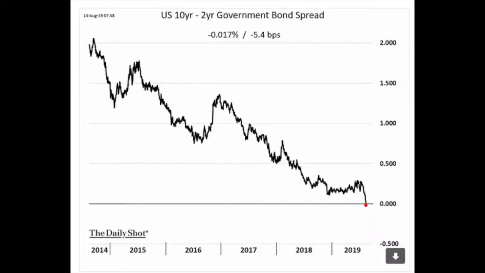To put this into a better perspective, here is the US 10-year minus 2-year government bond spread, from the Wall Street Journal's Daily Shot, a very interesting newsletter. You see that it has inverted, while in 2014 the spread was 2 percentage points, or 200 basis points, as they would say.